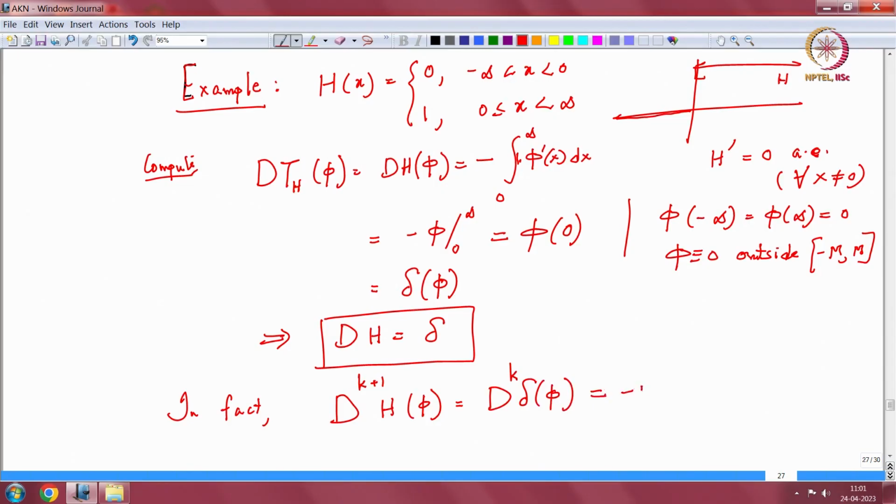You can see that this is nothing but minus 1 to the power k times the k-th derivative of phi at 0. After the introduction of the derivative, delta is a distribution, so delta prime, delta double prime as distributions you can define, and these are all distributions.